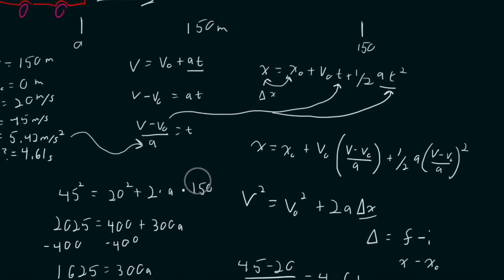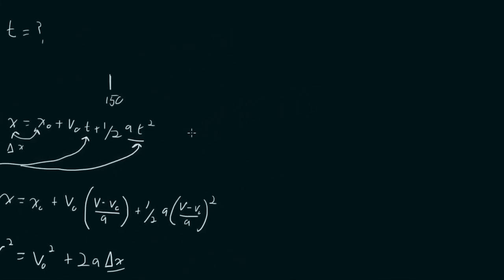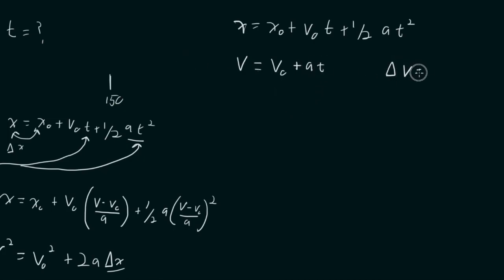We now have three equations that we can pick from whenever we're solving a problem. We've got x equals x naught, our displacement equation. We have our velocity equation, which is really our change in velocity. Notice this guy could also be rewritten as delta v equals at.